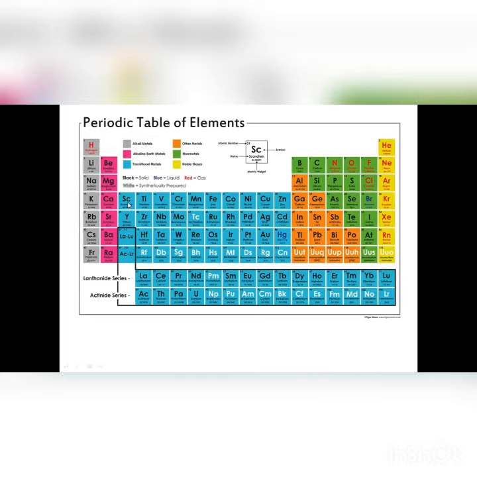If we come downwards from scandium, then yttrium, then here this is the first period, second period, third period, fourth, fifth, sixth, and seventh period.